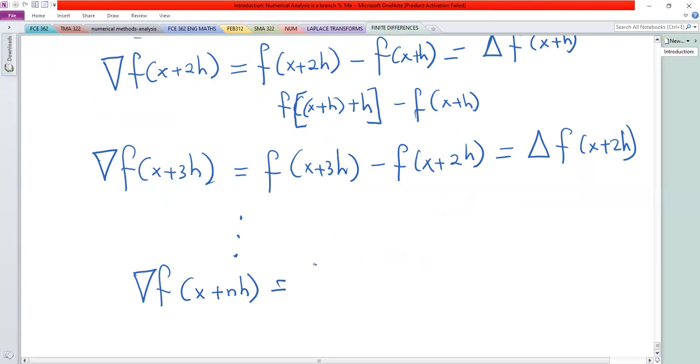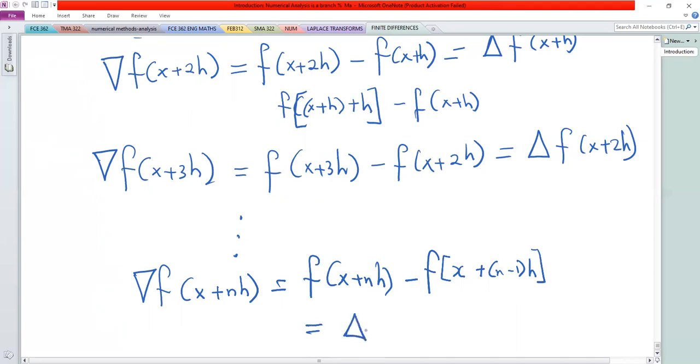I'll get f of x plus nh minus f of x plus n minus 1 h, which defines the forward of f of x plus n minus 1 h.